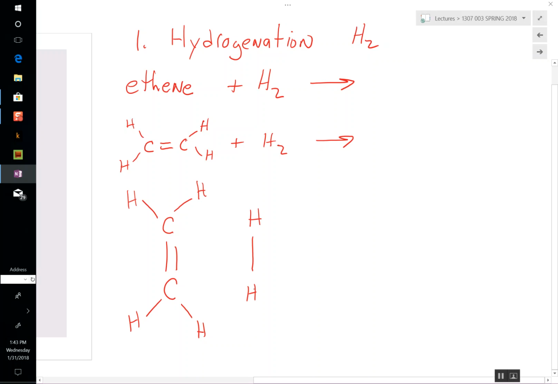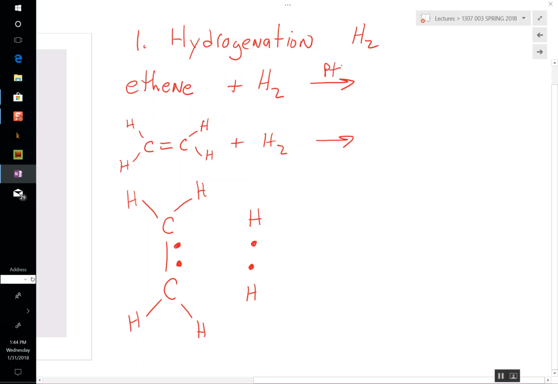Hydrogen is diatomic. It's 2 atoms of hydrogen sharing 2 electrons. That's a covalent bond. We've got ethene with a double bond here. There are 4 electrons being shared right here. So I'm going to show those electrons here for a second and show you what happens. Hydrogen comes along. There's a catalyst. You need a catalyst.